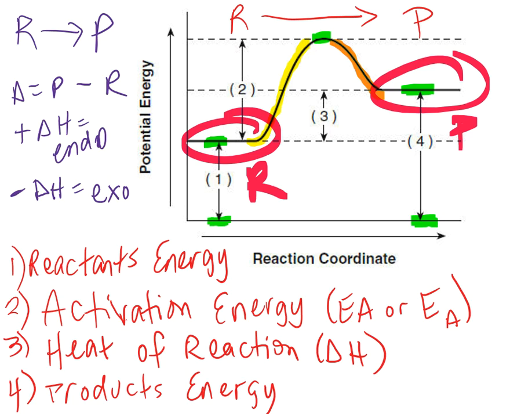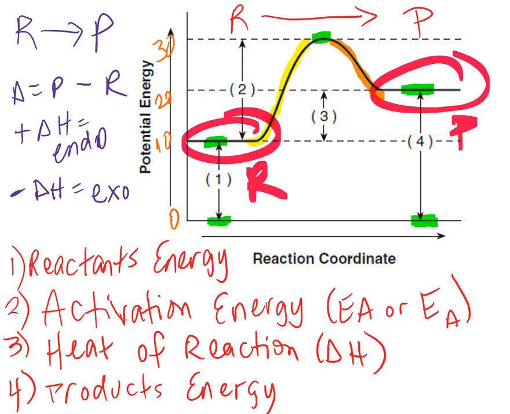This one does not give values for the energy, but we can see that the product side is higher than the reactant side. If you need to, just put some random numbers here to show, so I could call this 0, and then 10, 20, 30, even though my scale is off.